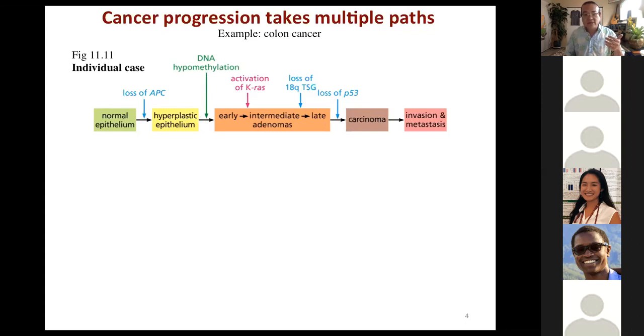So without beta-catenin being controlled, beta-catenin signaling happens out of control, and that leads to hyperplastic epithelial growth, right? Then maybe sometime later, a second hit happens that has to do with hypomethylation. So for some strange reason, now you begin to have lower methylation patterns within this transforming cell.